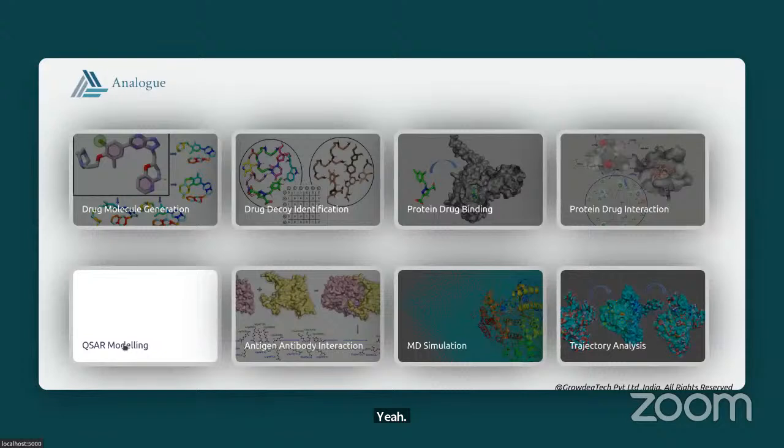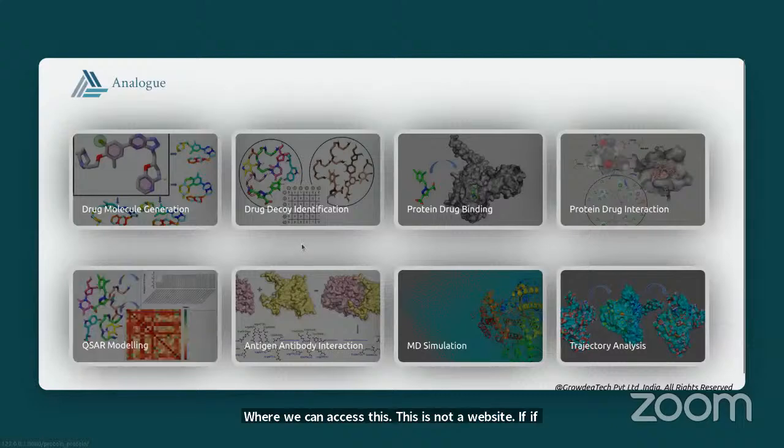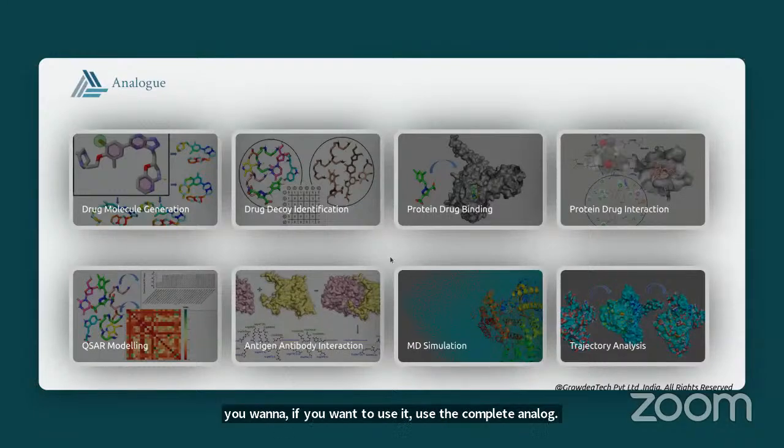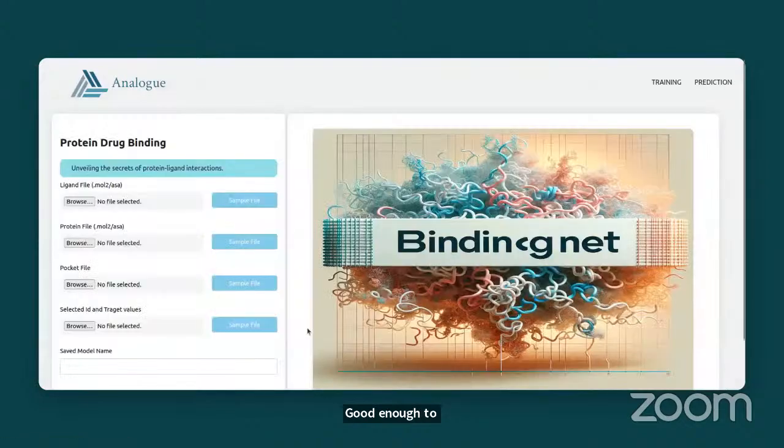Where can we access this? This is not a website. If you want to use it, use the complete Analog. You can mail us on the provided email ID and get complete details on it. And drug decoy identification does generate a ROC plot. It gives you a plot for accuracy, which is good enough to imply if the trained model is accurate or not.